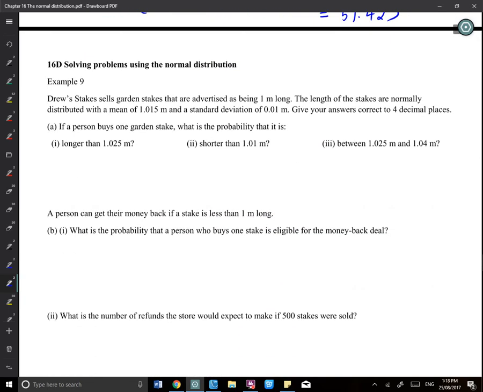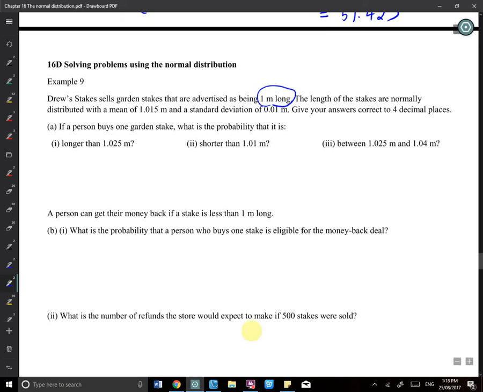And then for D, let's have a look at this example. Stakes, garden stakes that are advertised as being 1 meter long. So you're supposed to get something about 1 meter, and you know that's not going to be exactly 1 meter.